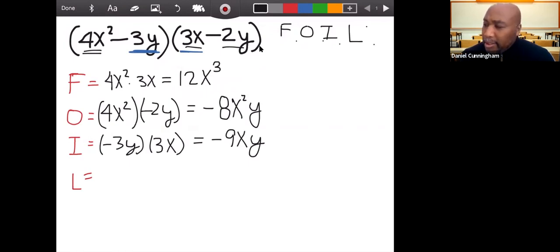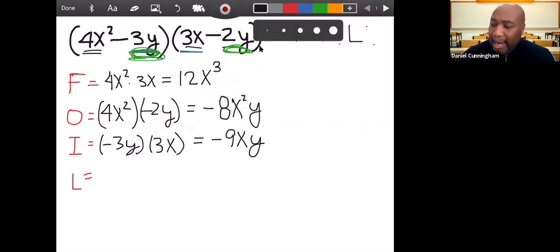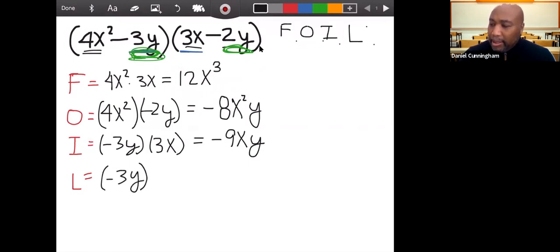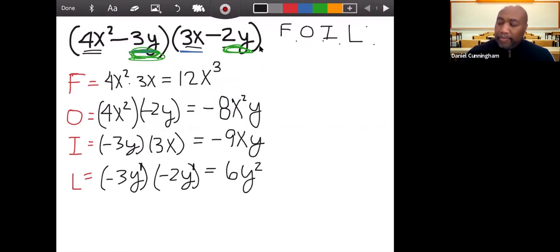And then the last, let's do it in green, right here. It'll be a -3y times a -2y. That gives me a +6y squared. Don't forget there are invisible ones up here.